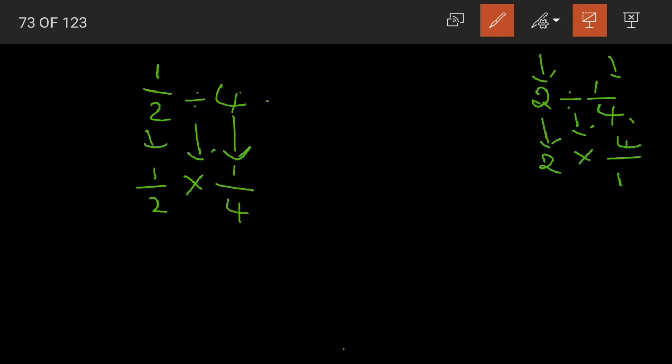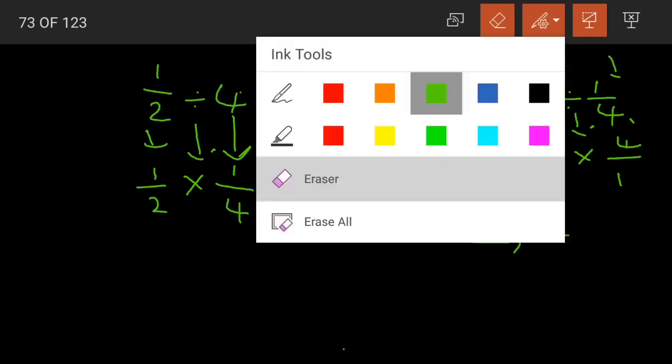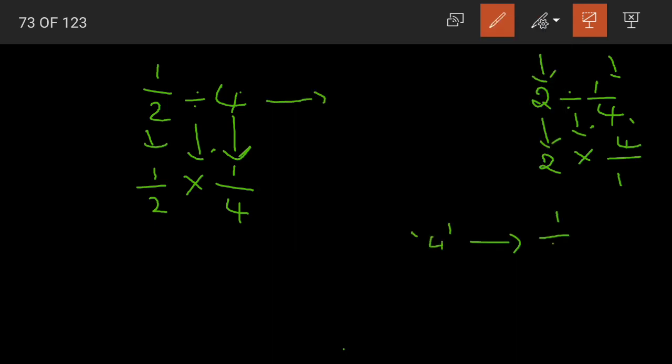What should we write, children? We should write the reciprocal. Yes, if we have learned, for any whole number a, its reciprocal becomes 1 by a. So here we are having 4. So for the whole number 4, its reciprocal becomes 1 by 4. Understood? So what do we understand from this?